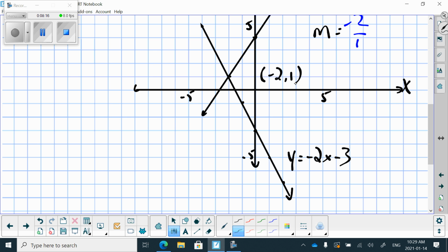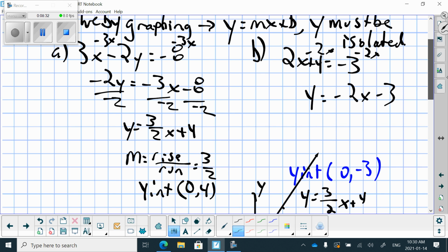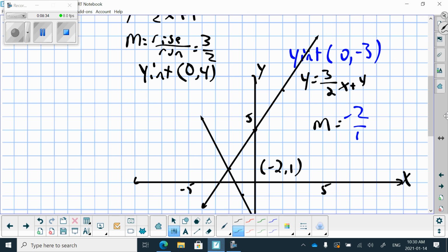This looks really good, so we have pretty good confidence on this, but how do we check this? Which equation are you picking? The first one. So 3x minus 2y equals -8.